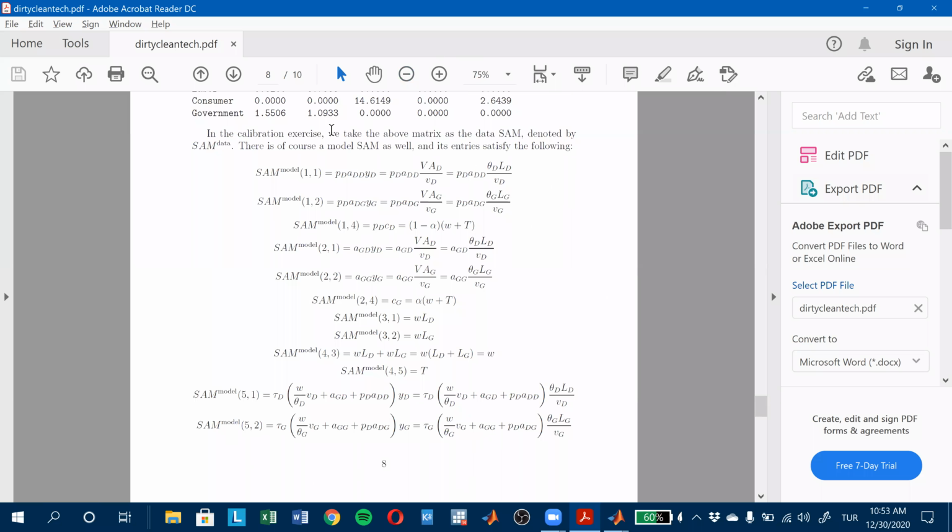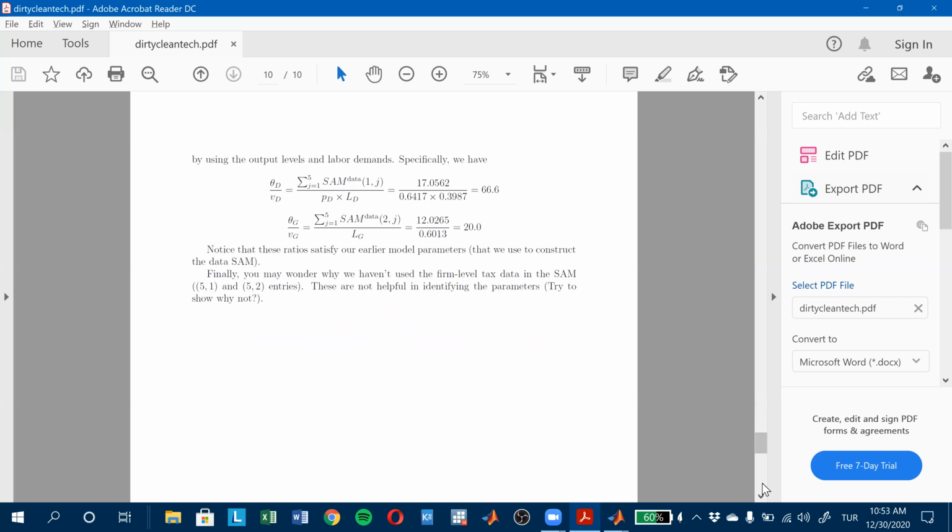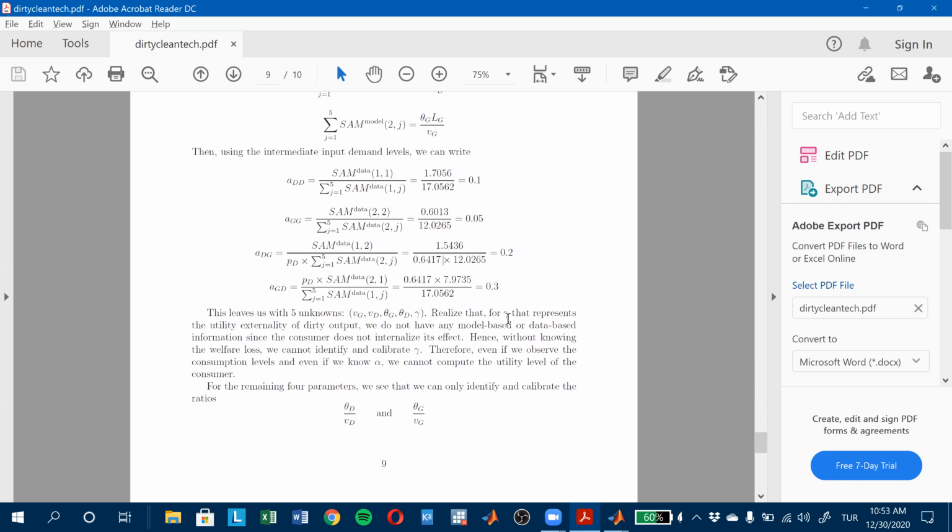This is your model SAM. In the model SAM, you don't have gamma anywhere because again, the household does not really internalize the effects of environmental degradation, dirty output, carbon dioxide, etc. So since the household does not internalize that, I don't see anything about gamma here, right? So it is not possible to identify gamma in this model, all right?